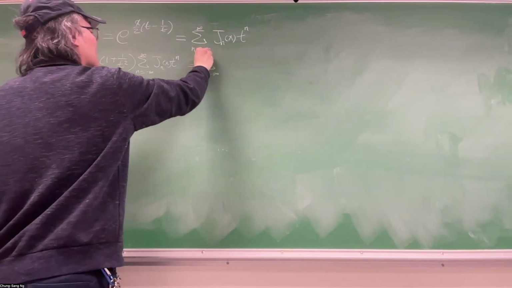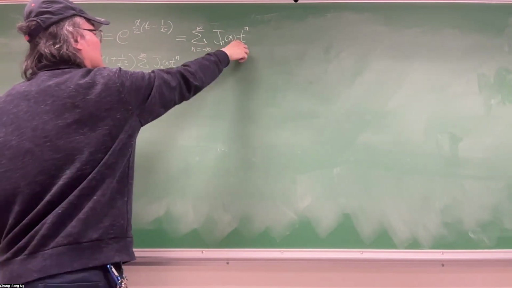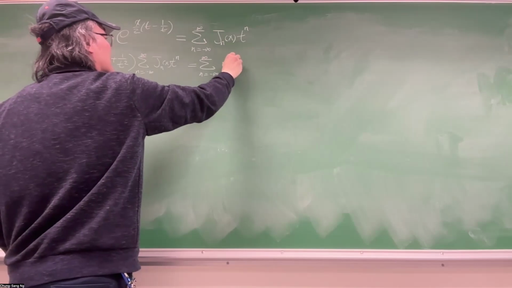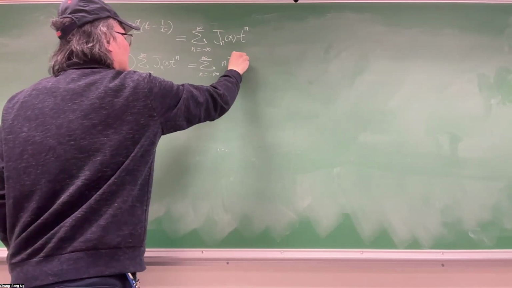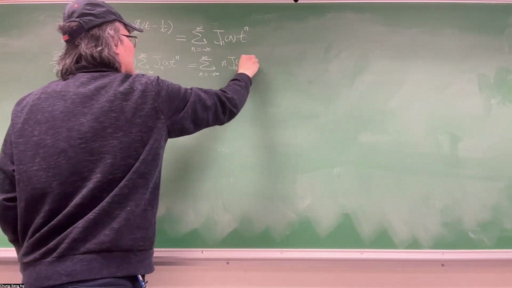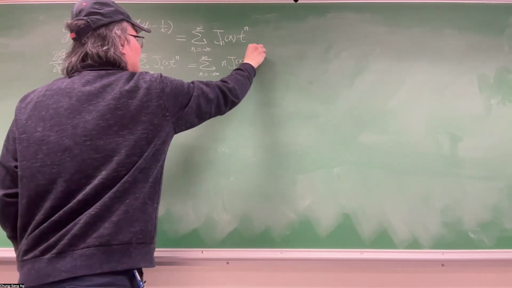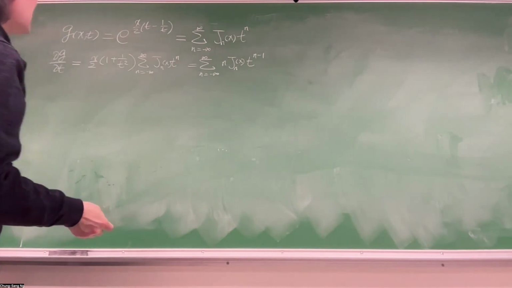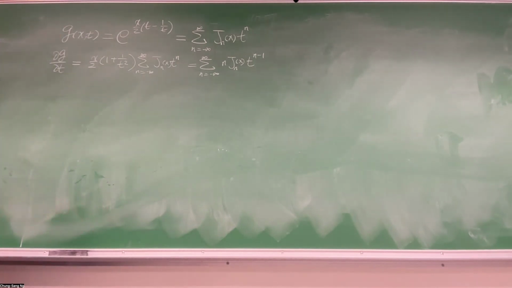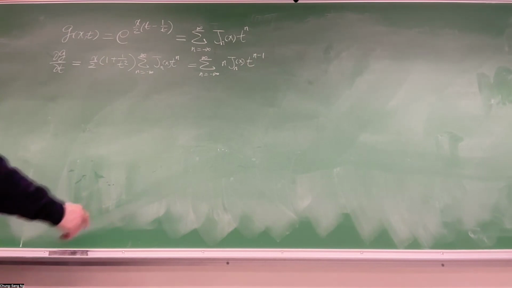The right-hand side is a little more straightforward. The derivative is just n J_n t to the n minus 1.